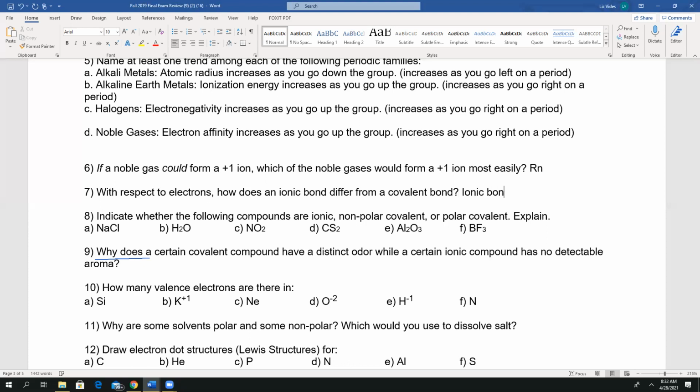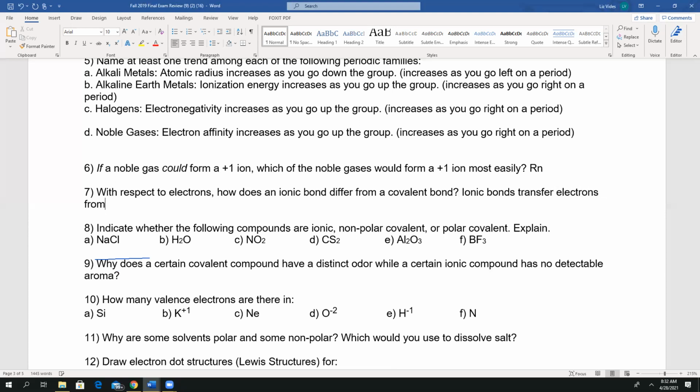Ionic bonds transfer electrons from a metal to a non-metal, while covalent bonds share electrons between two non-metals.